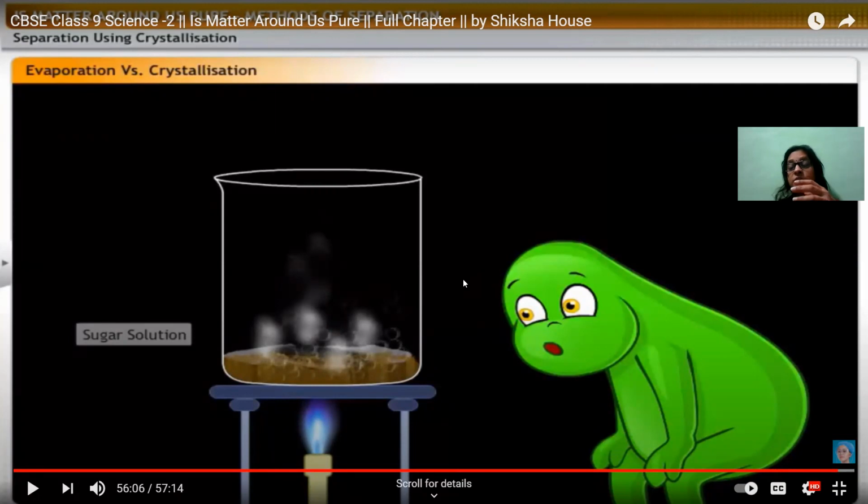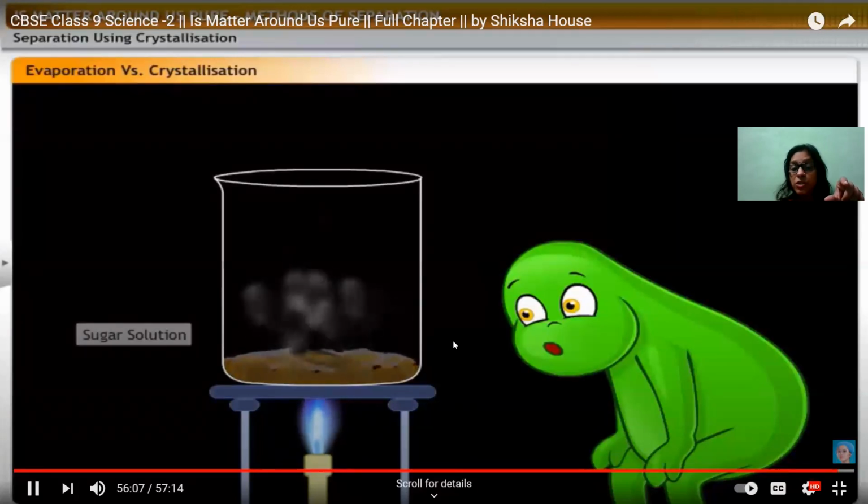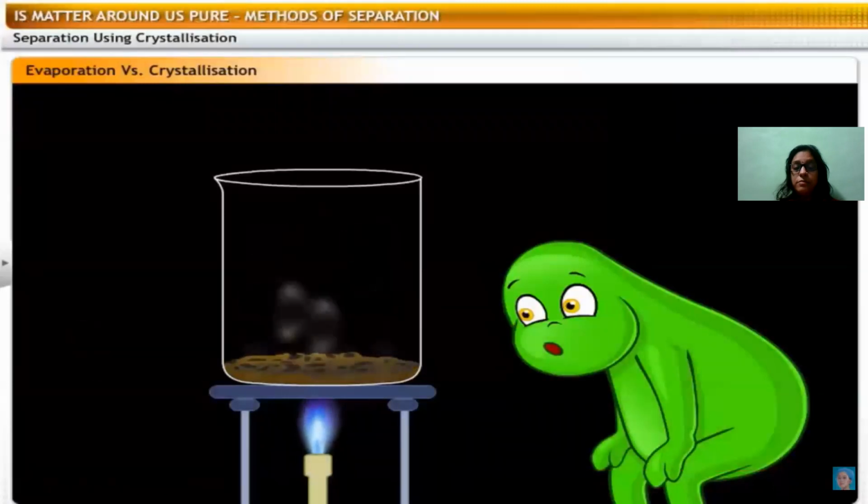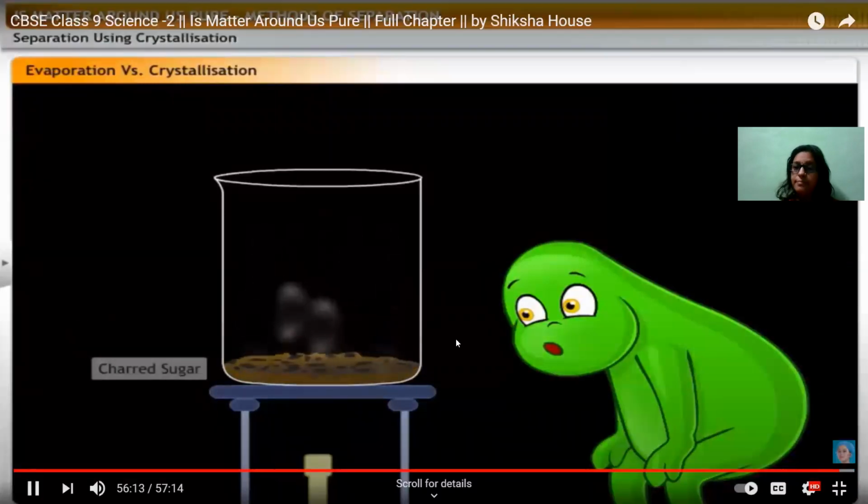Whereas in the method of crystallization, we make a saturated solution of sugar, then filter it, then cover it and let it cool and settle, and after cooling we filter again and get pure crystals. But in the other method we got a charred solution in which impurities are still present. When evaporating the solution, the solute may still not be pure as it may contain impurities left over from filtration. So the charred sugar which we obtain from evaporation can be impure, but the crystals which we obtain from crystallization will be more pure.